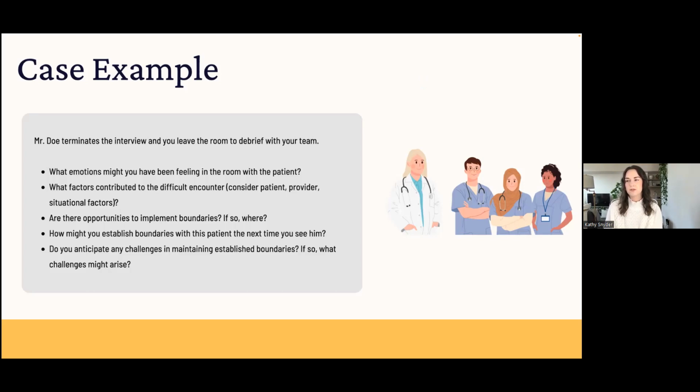What factors might be playing into this? There's a couple that I want to highlight. But what really is coming into the room and making this really challenging?